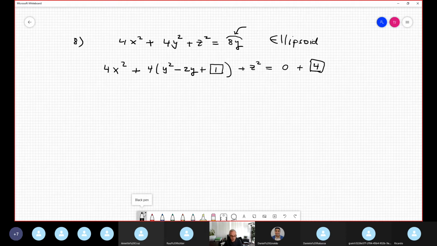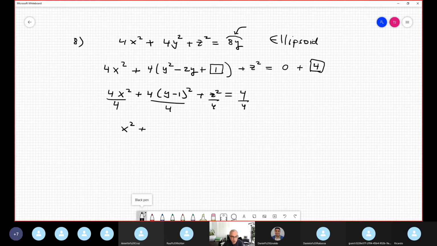Ready. Entonces 4x squared plus 4 times (y minus 1) squared plus z squared equals 4. I'm going to express it in standard form. You divide everything by 4 because the right hand side should be 1. So we have x squared plus (y minus 1) squared plus z squared over 4 equals 1.